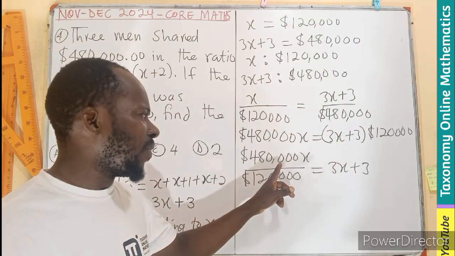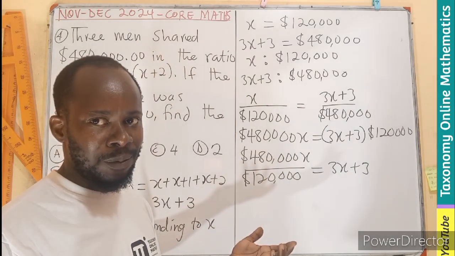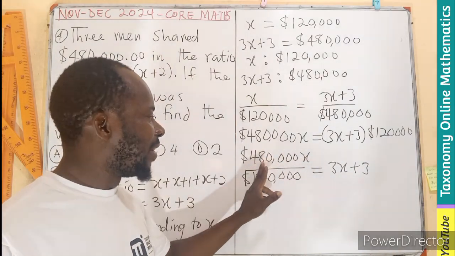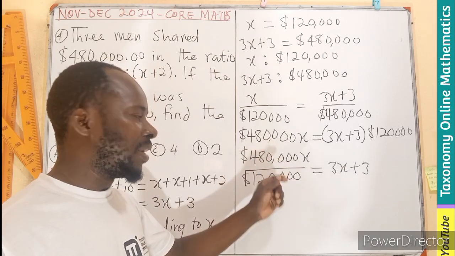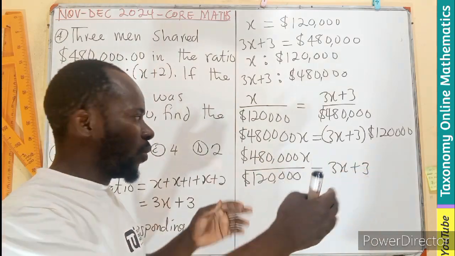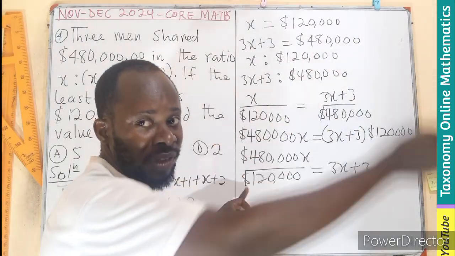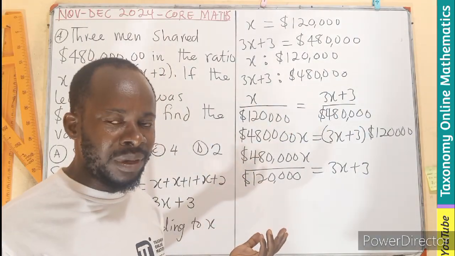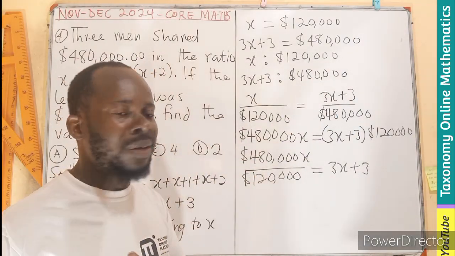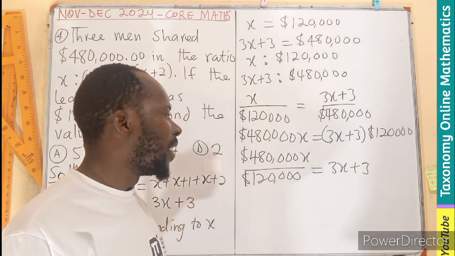Now, if you look at this carefully, you'll think these are not like terms because of the x here. This is just like 480,000 times x, so we can hold this in one bracket, divide by this, and multiply by x. That will still mean the same thing; it is not addition or subtraction. So we can divide in this case.